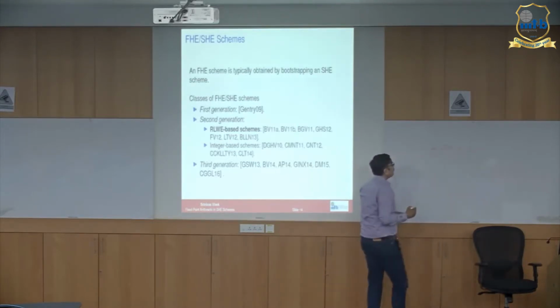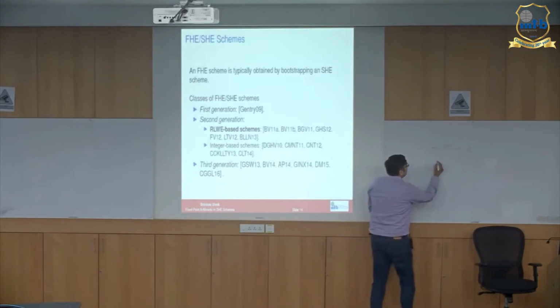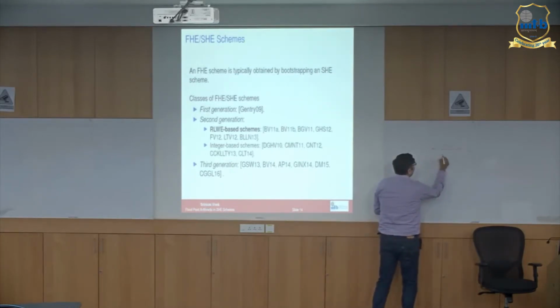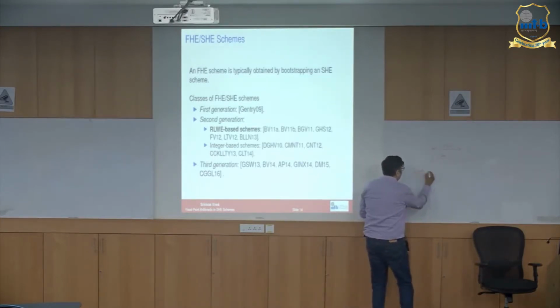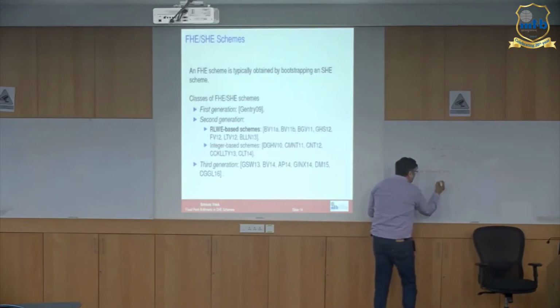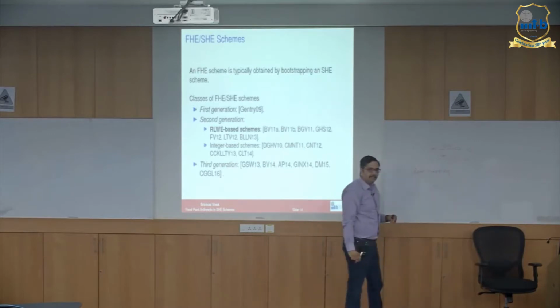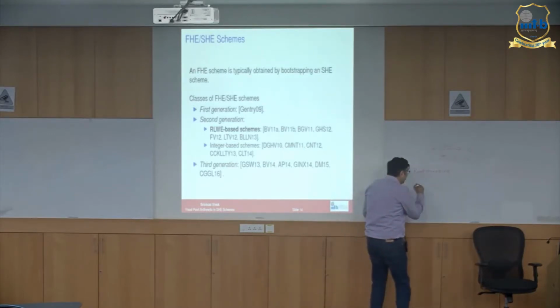Once the ciphertext is decrypted, you get back the message. Agreed? So in bootstrapping, you take a ciphertext that encrypts the message M and you homomorphically evaluate the decryption circuit.